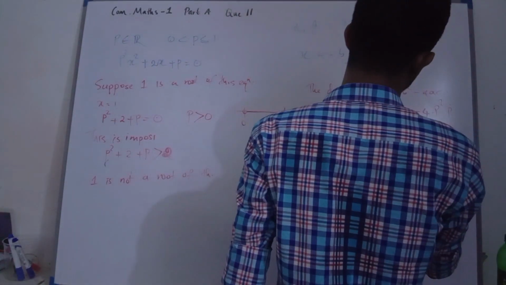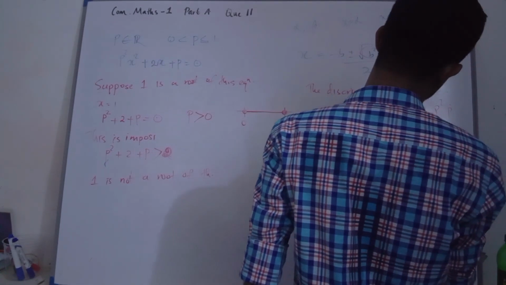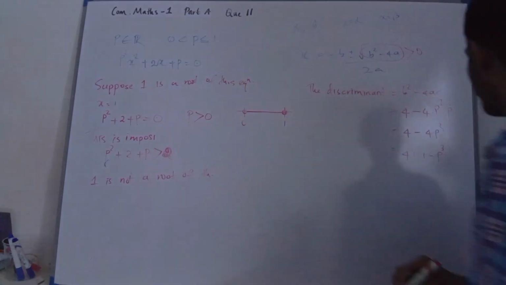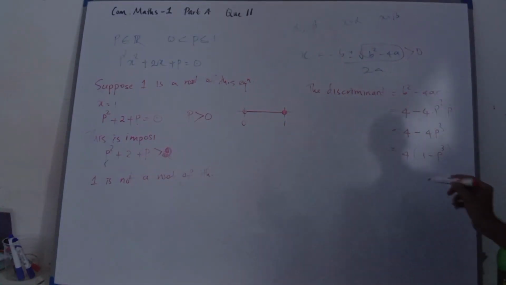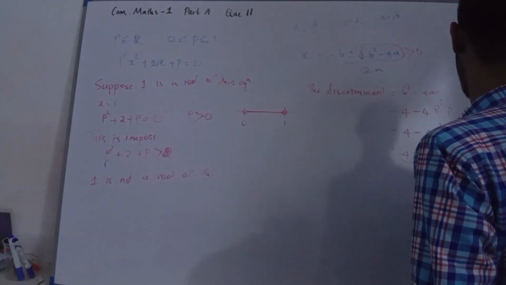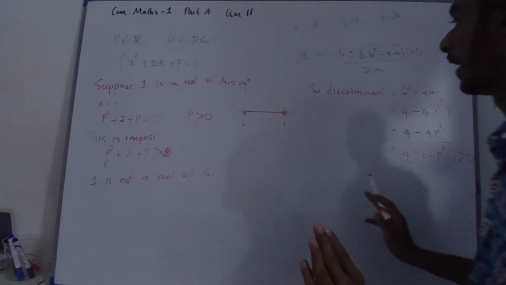So that is equal to 4 minus 4p cube, which is equal to 4 into 1 minus p cube. Now we have to show that this is greater than 0. Definitely this is greater than 0. So what you have to write is, this is greater than 0. That's all you have to write.